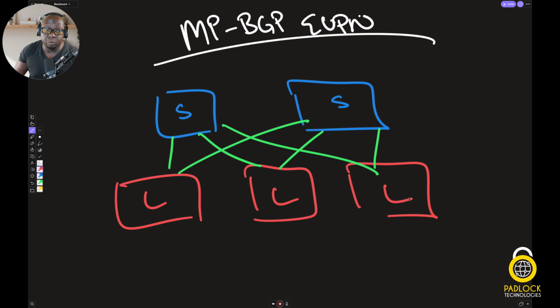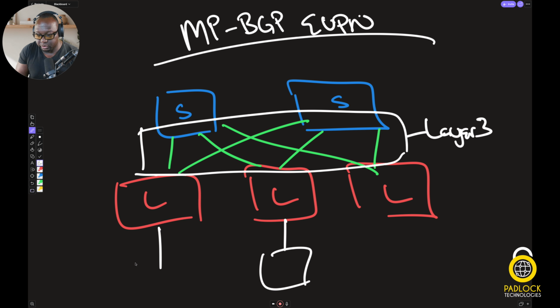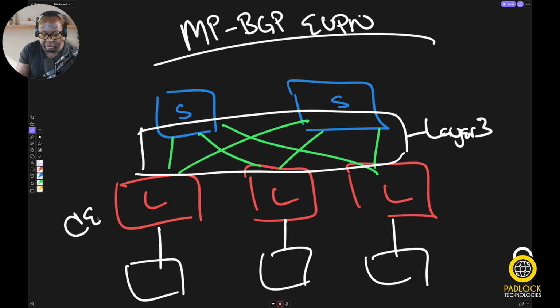Now, what happens is everything in this connection from all of this here is layer 3, right? And then everything below, so you've got a switch here, is what they call CE, or classic Ethernet. So your classic spanning tree domain.